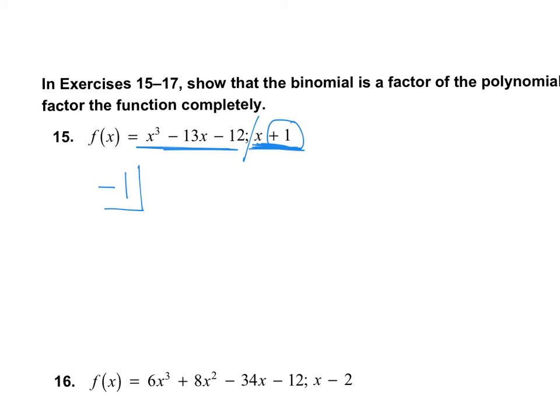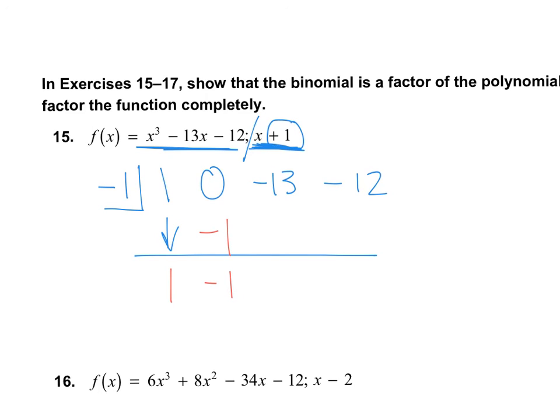So let's see. If I draw my line here and put my coefficients in there: 1, I don't have an x squared, so that's 0, then negative 13, and then negative 12, and let's see if I get 0. Let's fill this in. 1 comes down, 1 times negative 1 is negative 1, 0 and negative 1 is negative 1, negative 1 times negative 1 is 1, negative 13 and 1 is negative 12.